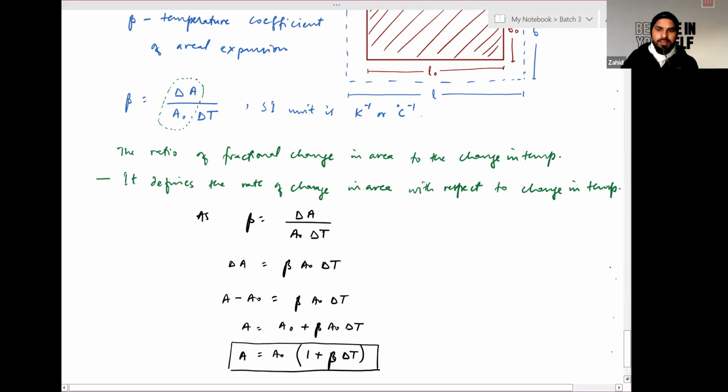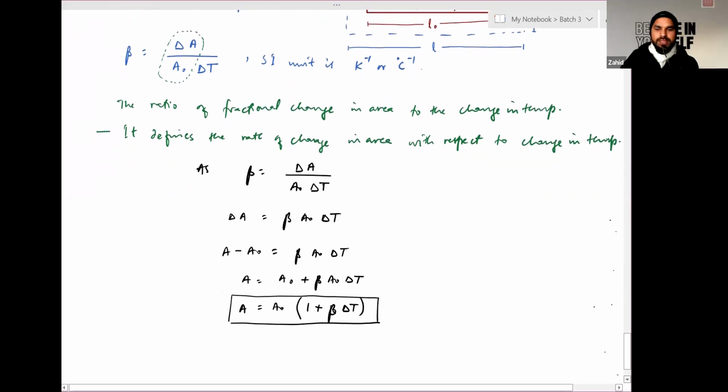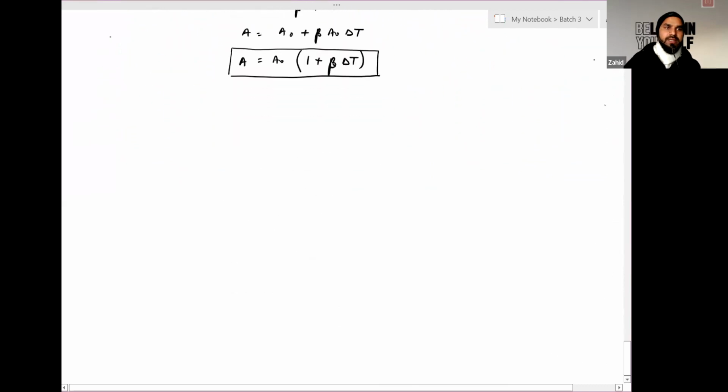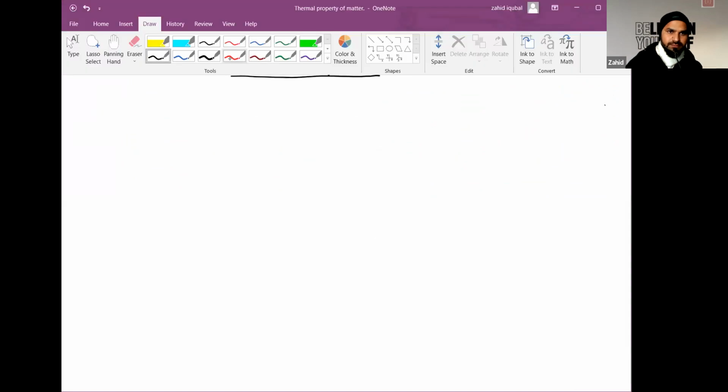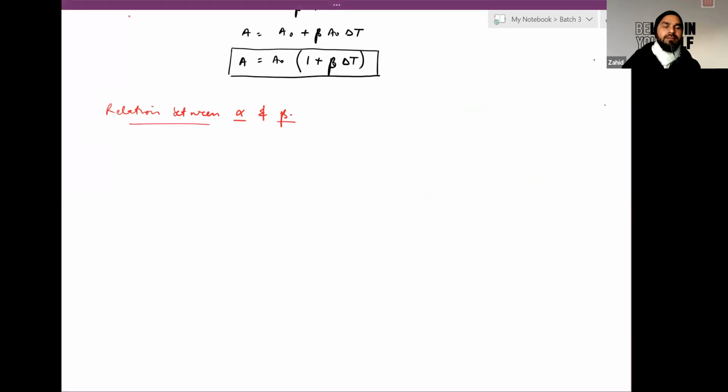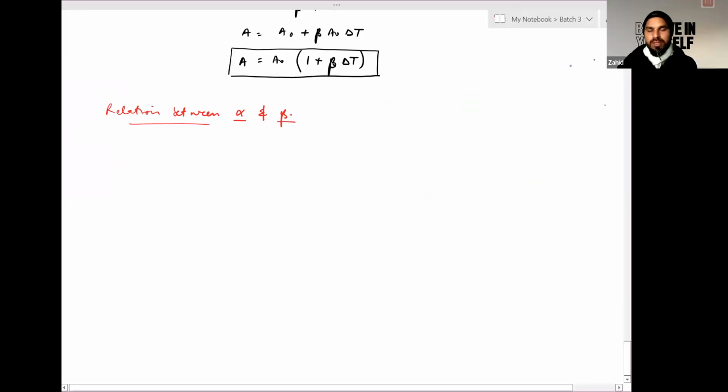Okay. So related to this expression, you'll be asked a first question to define the relation between alpha and beta. Relation between alpha and beta. So according to the above expression for the rectangular sheet, let's call this particular equation the first.